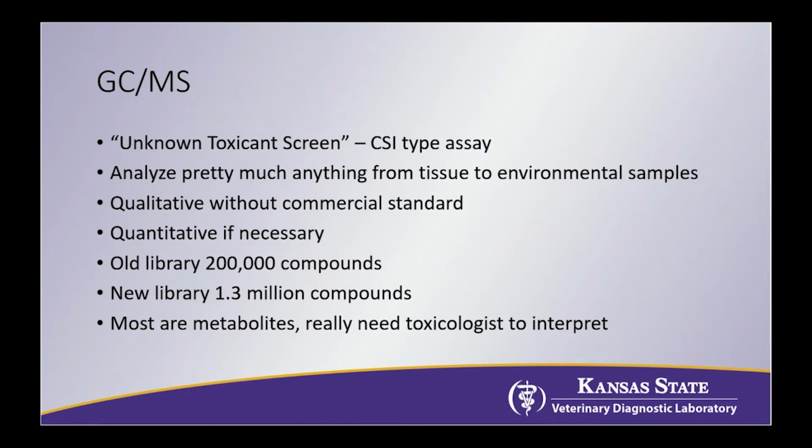It has over 1 million compounds that we can compare to what we are able to extract from the sample, whether it's blood, GI fluid, tissue, or baits. This library is very comprehensive. Again, it's not everything that potentially could be a problem, but it's very helpful to look at.